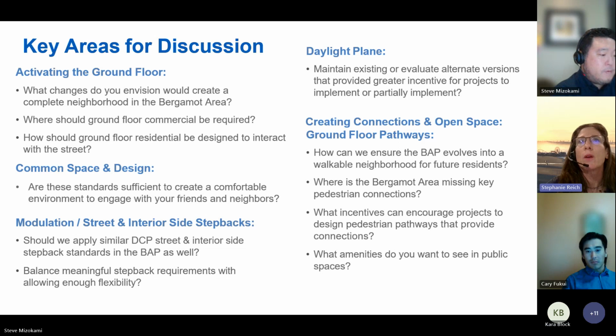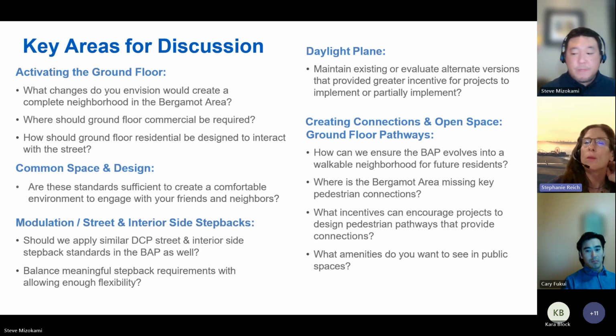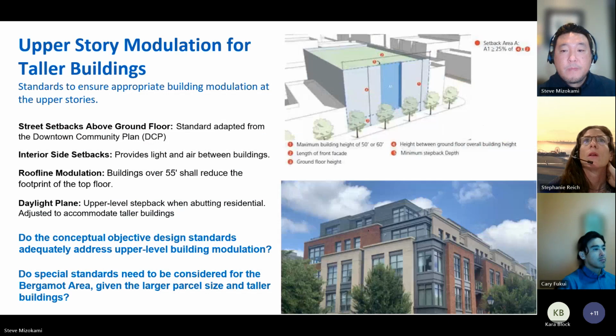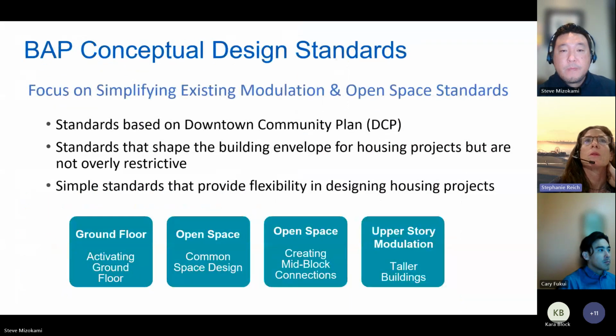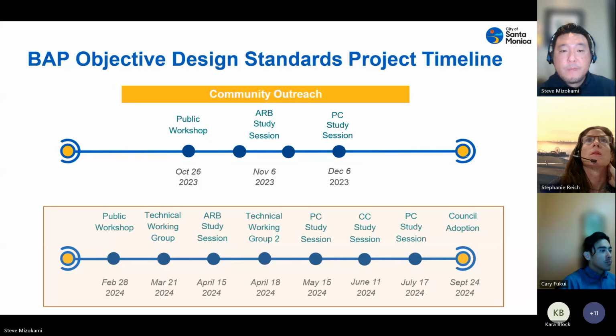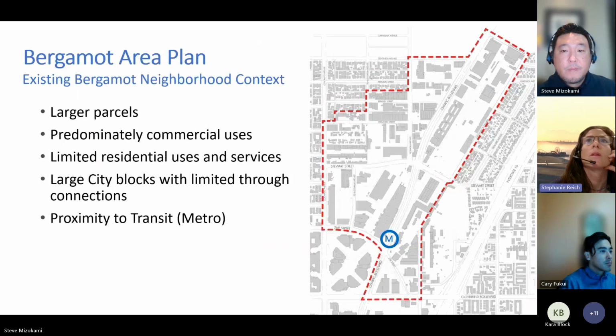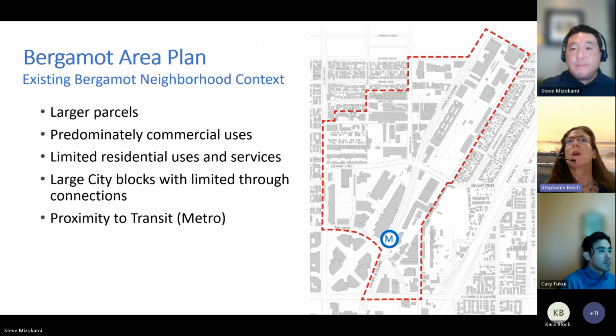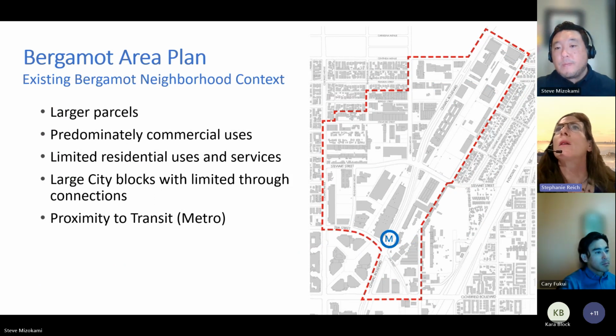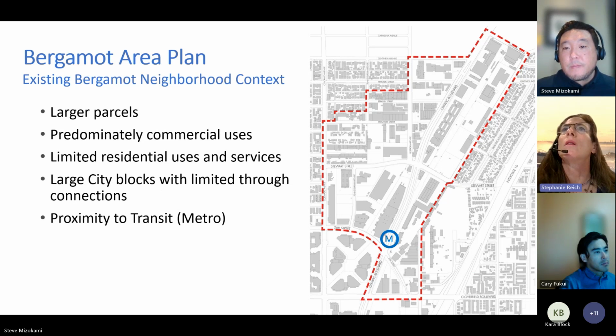Those are all really great questions. Steve, would you be able to pull up the overall diagram of the Bergamot area, so we can look at the parcel sizes? As you can see in the northwest area, those parcels are a little bit smaller.